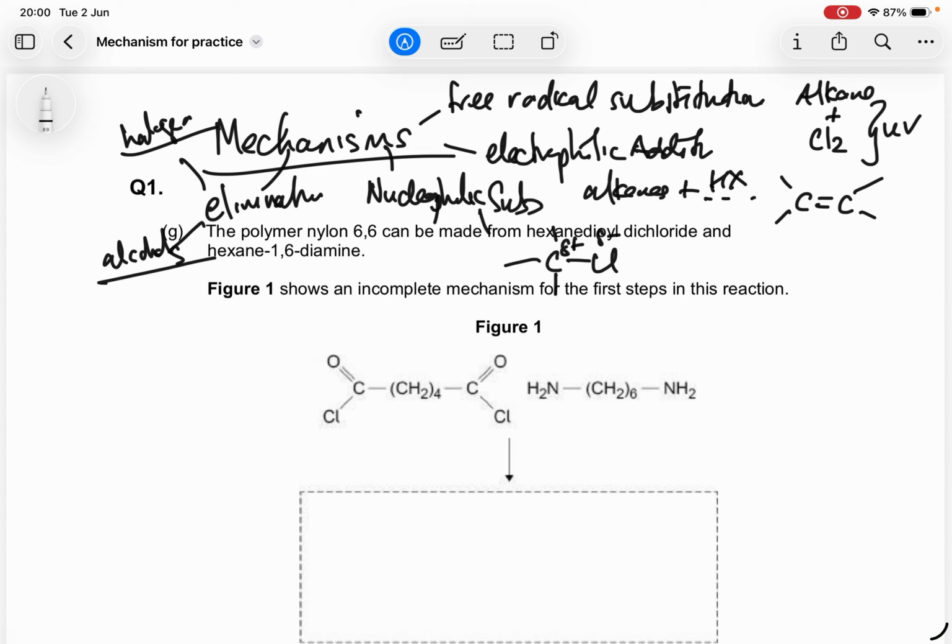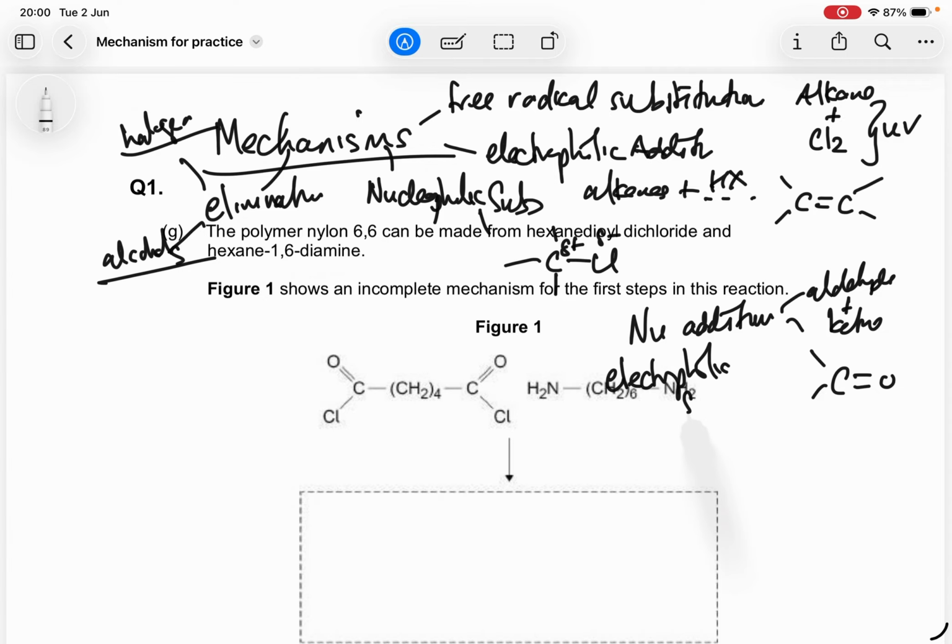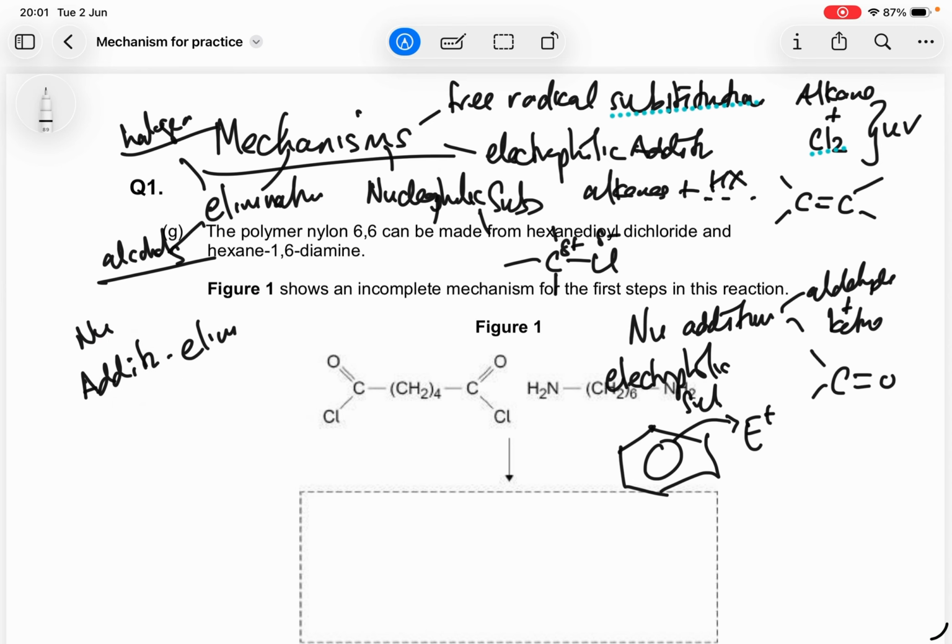Then at year 13, we do nucleophilic addition, and this is aldehydes and ketones because you have a very polar carbonyl group. We do electrophilic substitution, which is the benzene ring, which needs an electrophile, and then we have addition-elimination, nucleophilic addition-elimination, with acyl chlorides because they have two very polar groups.